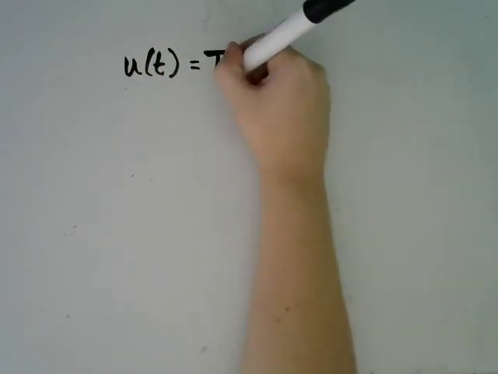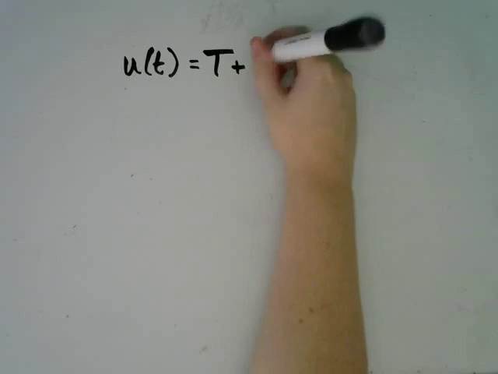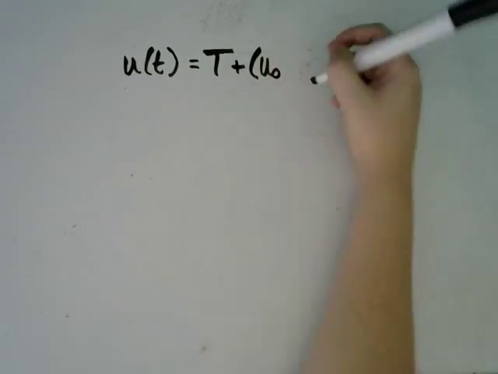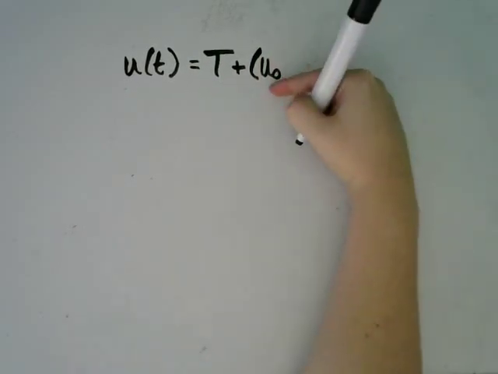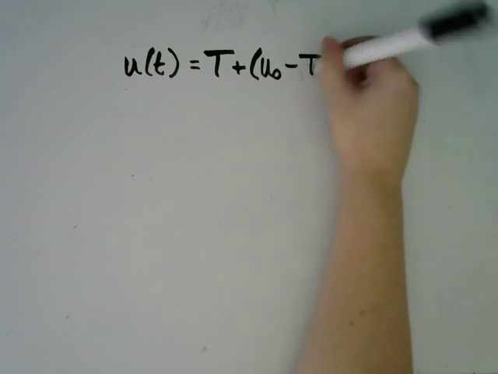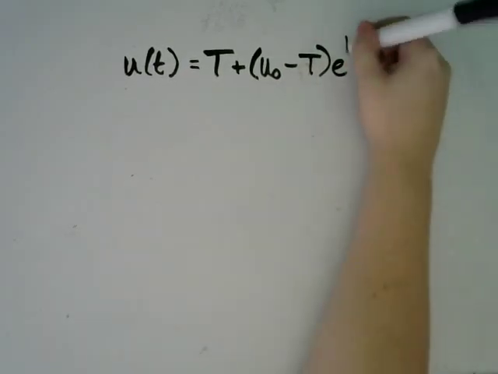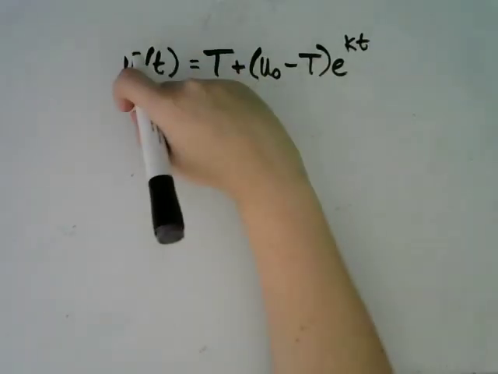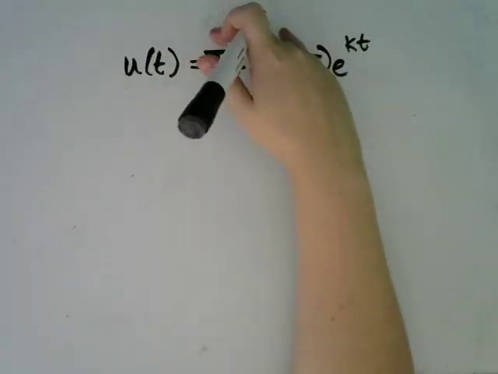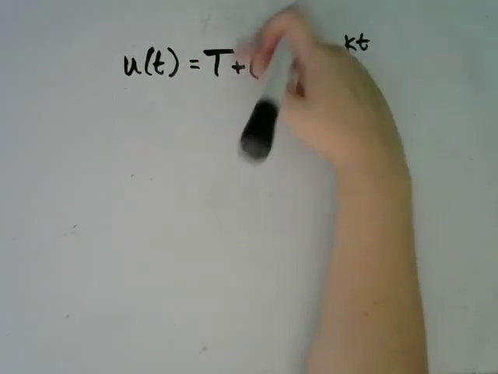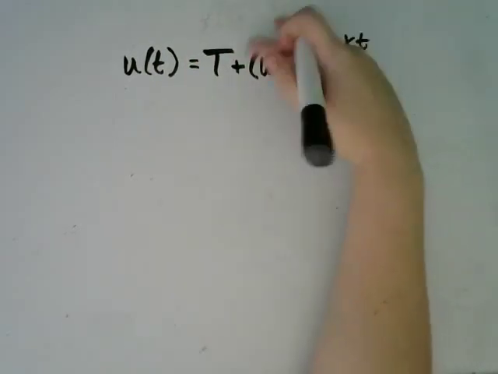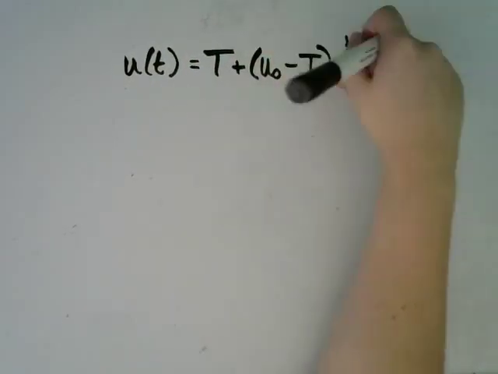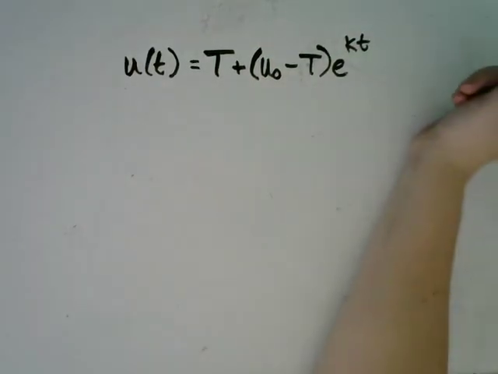T is the ambient temperature, so the temperature of the substance around it. U naught is the initial temperature the object is at. And then k is the rate, or the exponential rate of decay. So the temperature of the object is equal to the ambient temperature plus the difference between the starting temperature and the ambient temperature times some exponential rate over time.